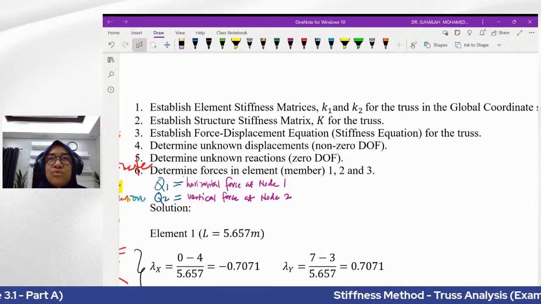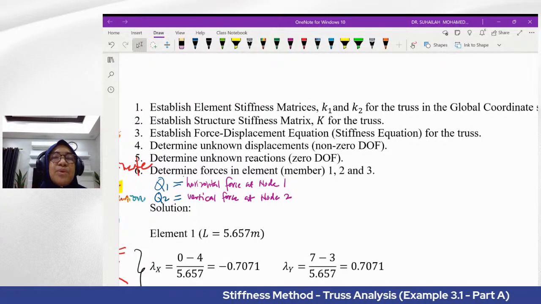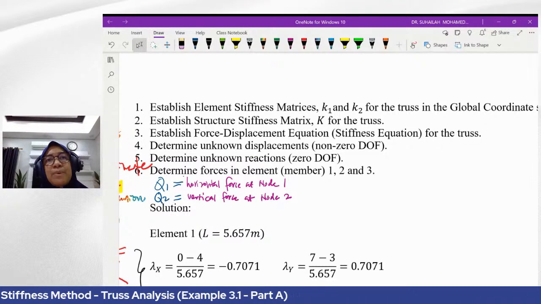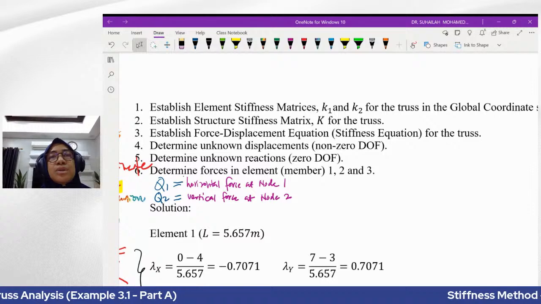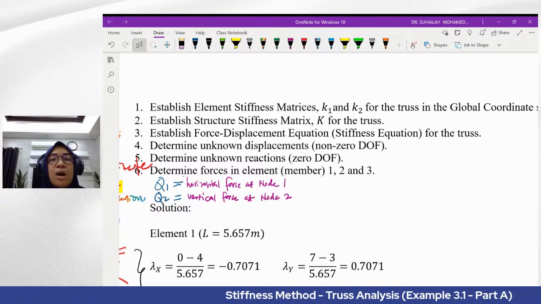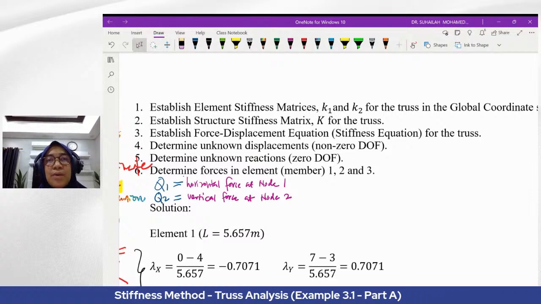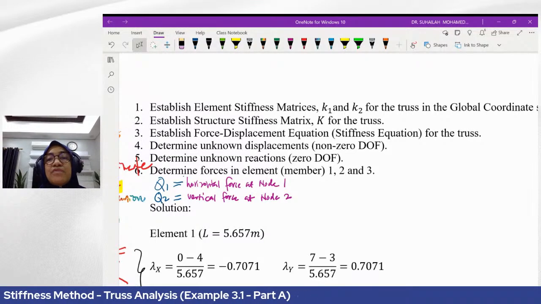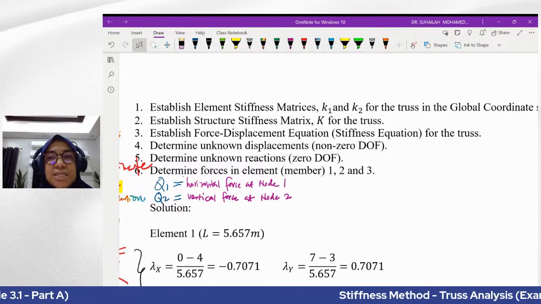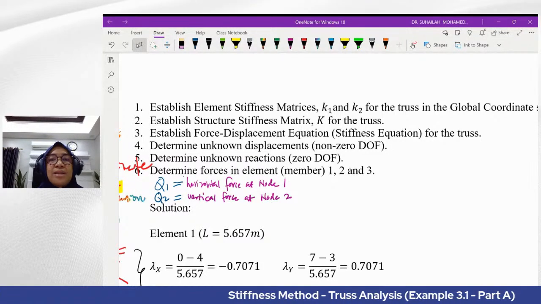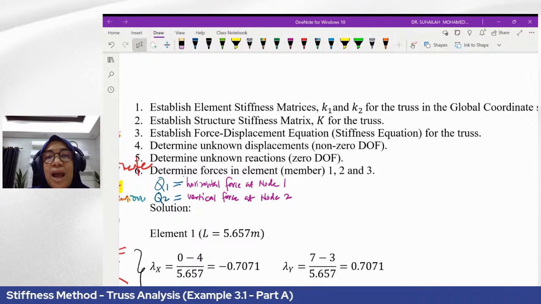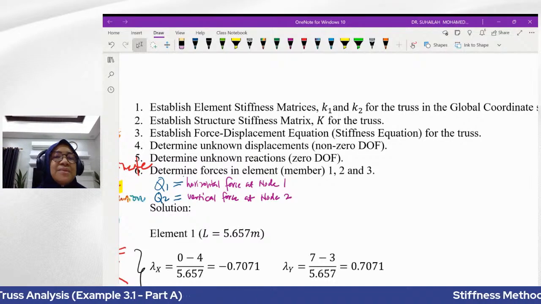Why do we need to do that? Because from that we will calculate the unknown displacement and unknown reaction. So we should be able to write nodal displacement and nodal forces in matrix form before we rewrite into the stiffness equation, and after that we will solve for the unknown displacement and the unknown reaction.